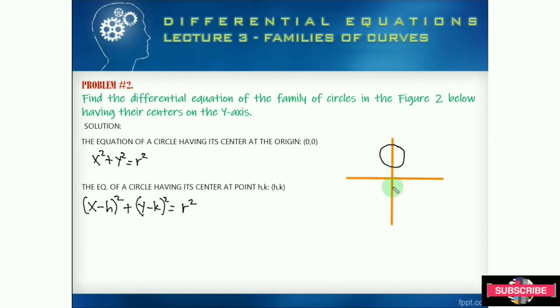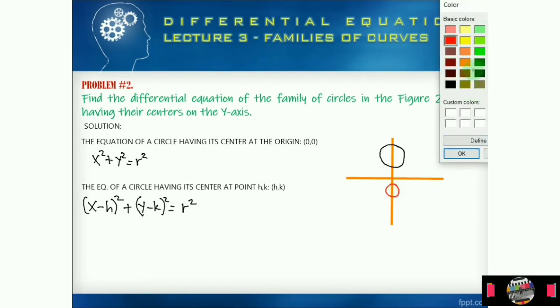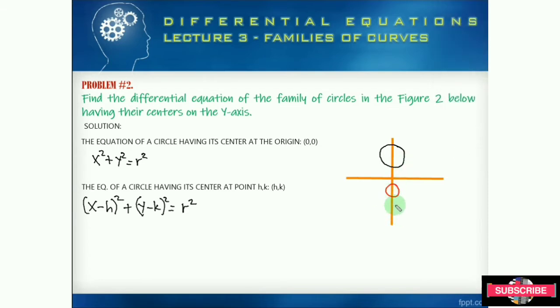For example here, it could be a small circle here, and the other circle may be located at some point here. Okay, like that. As long as their centers are on the y-axis, also this one and also this one.